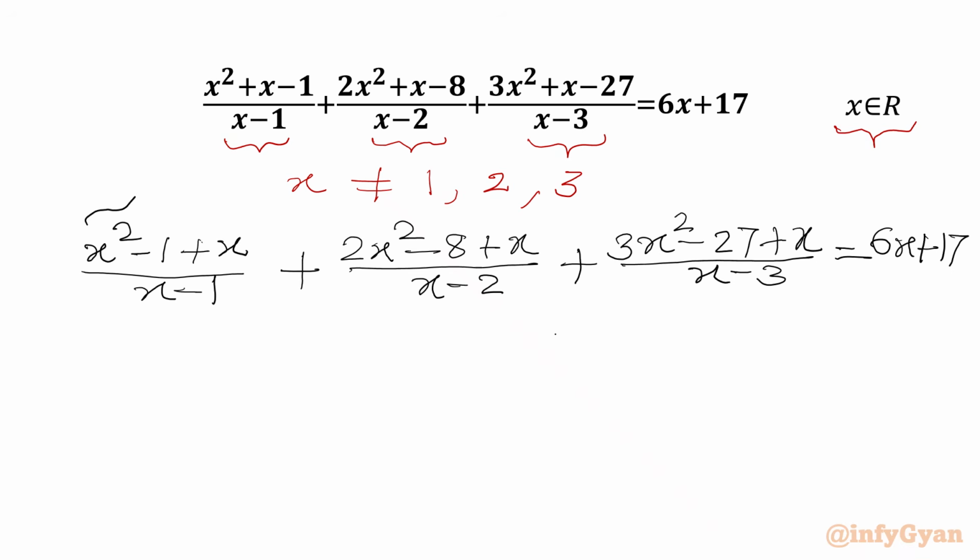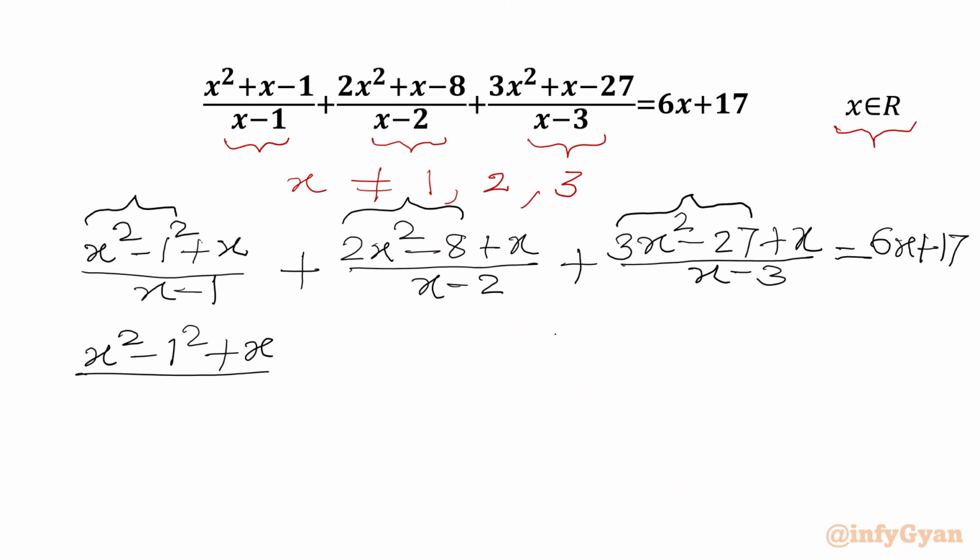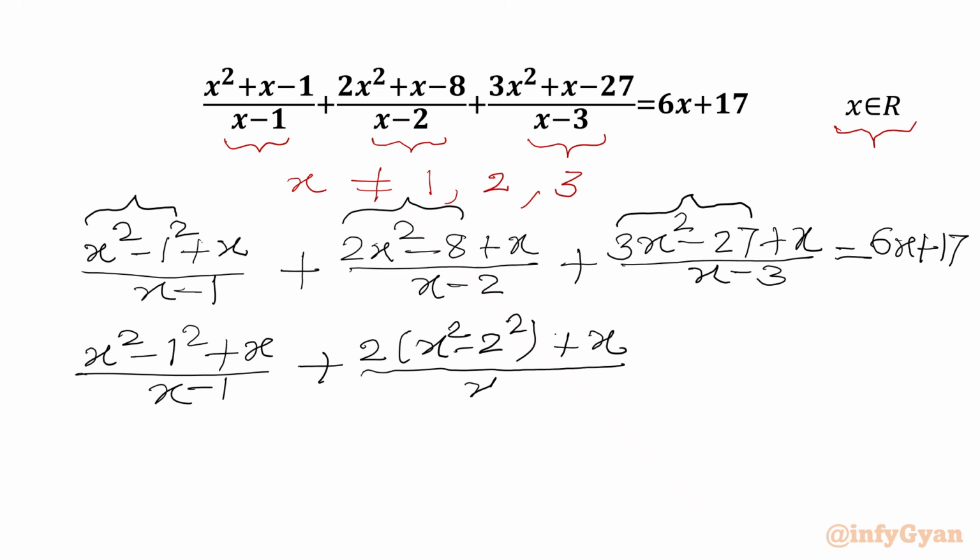Now we are going to use the a square minus b square formula over here. Here we will take 2 common out. Here we will take 3 common out. So we can write x square minus 1 square plus x over x minus 1. Then we'll take 2 common out. So in the bracket we'll be writing x square minus 4, which can be written as x square minus 2 square, then we have plus x, and in the denominator we can write x minus 2.